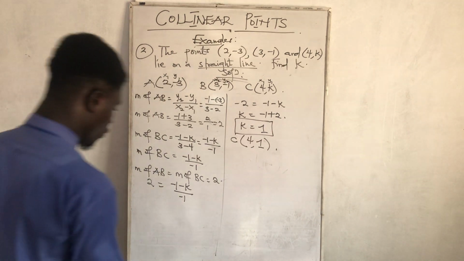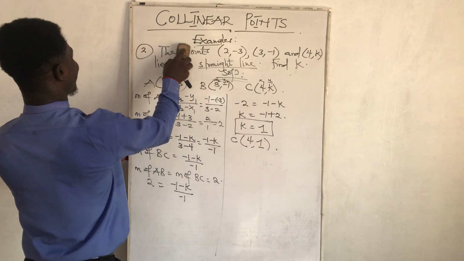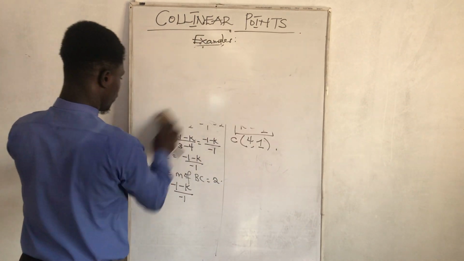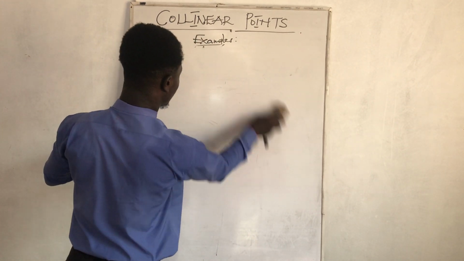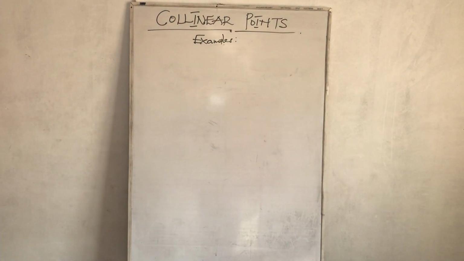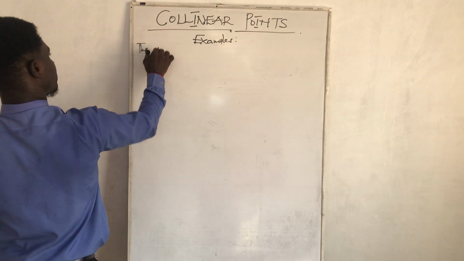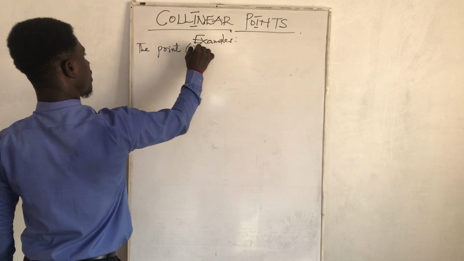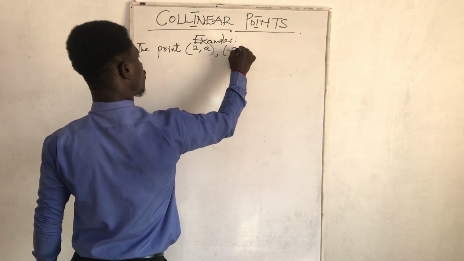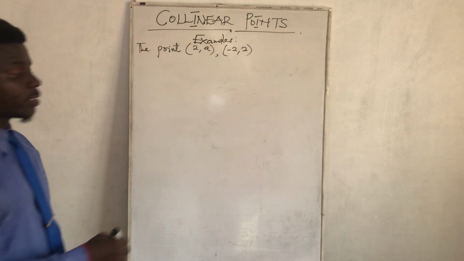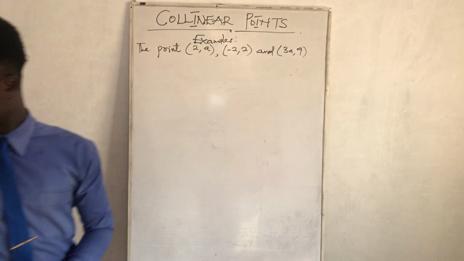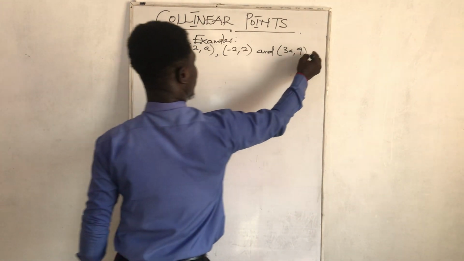All right, let's move on to example 3. Example 3. The points (2a, -2), (2, 3a) and (9) are collinear.